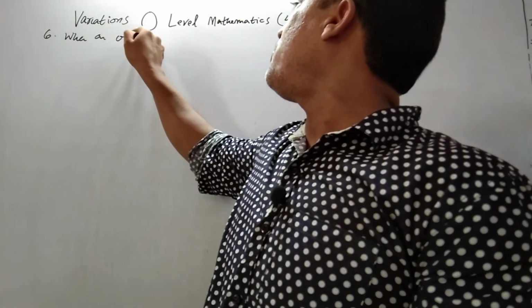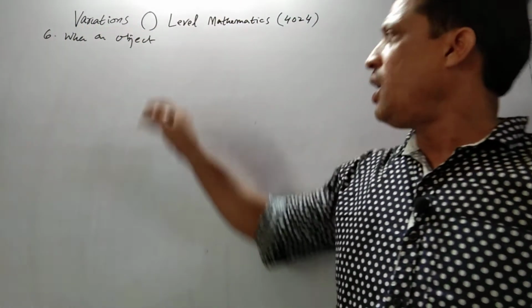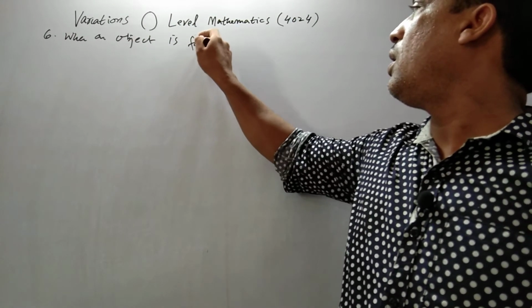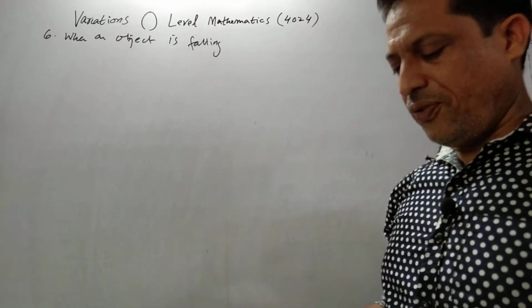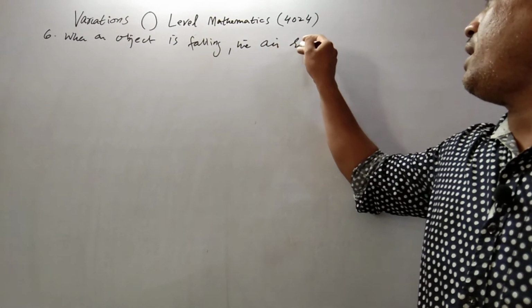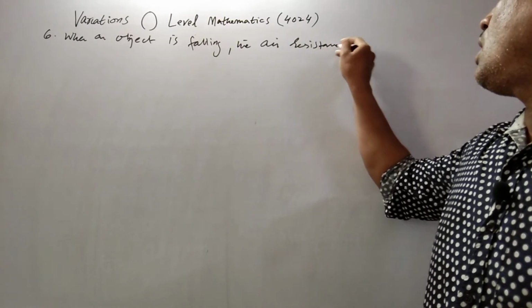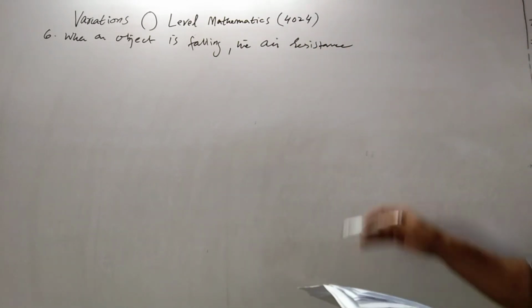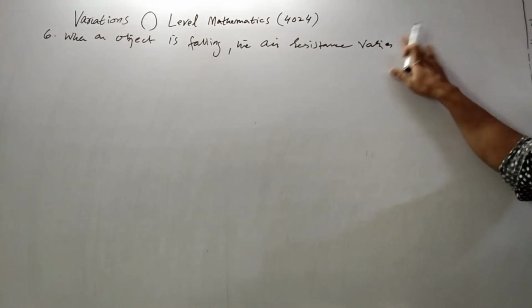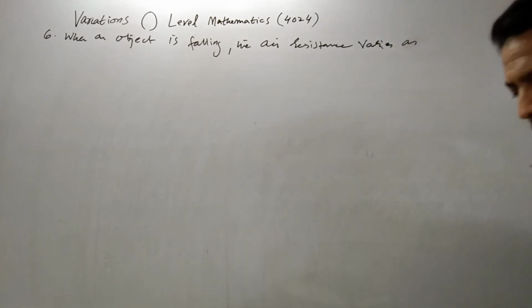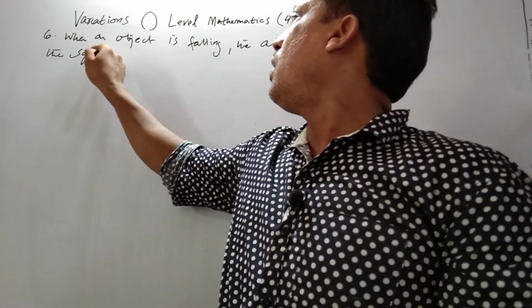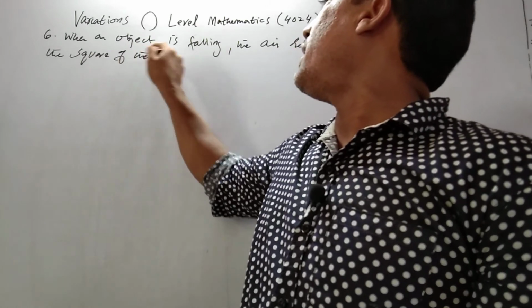When an object is falling, the air resistance varies as the square of the speed.